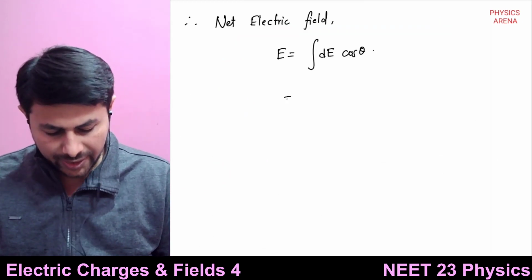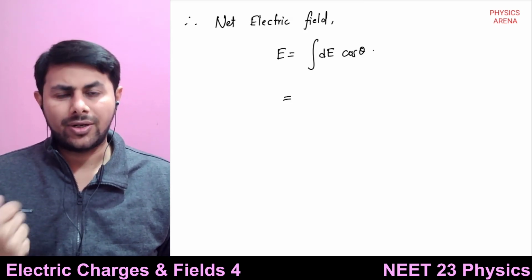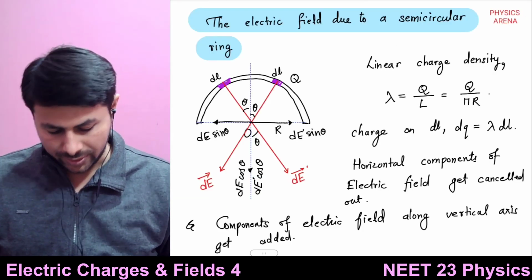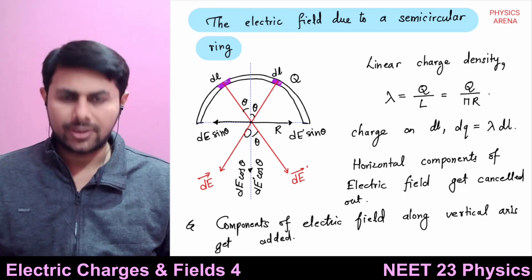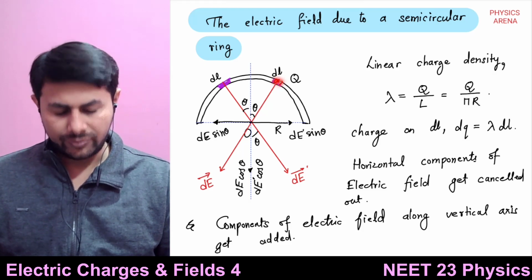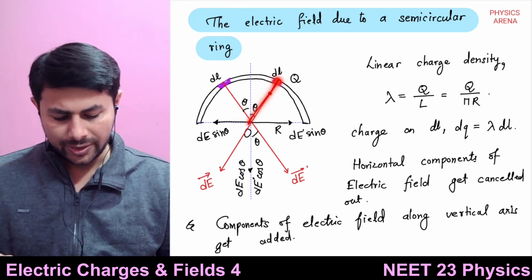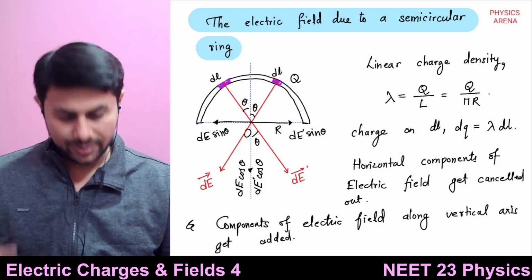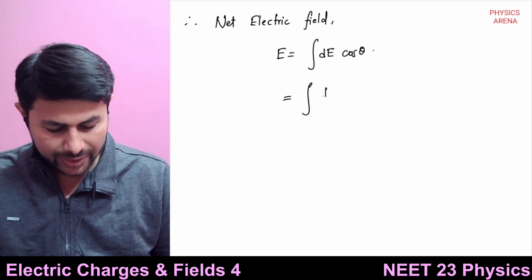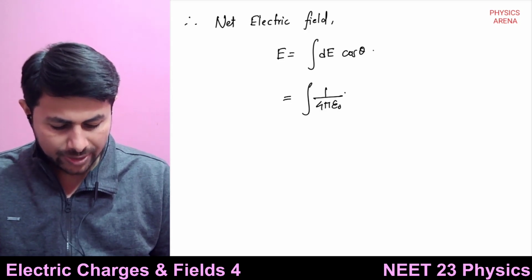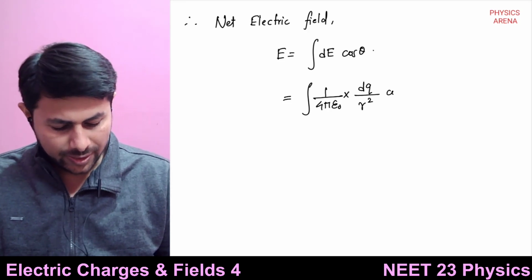It is 1 upon 4 pi epsilon naught multiplied by dq upon r square, because the charge on one such small length element is dq, right? So the electric field due to that would be 1 upon 4 pi epsilon naught multiplied by dq over this distance square, r square. Okay, so we can put that here. So we get 1 upon 4 pi epsilon naught multiplied by dq divided by r square cos of theta.